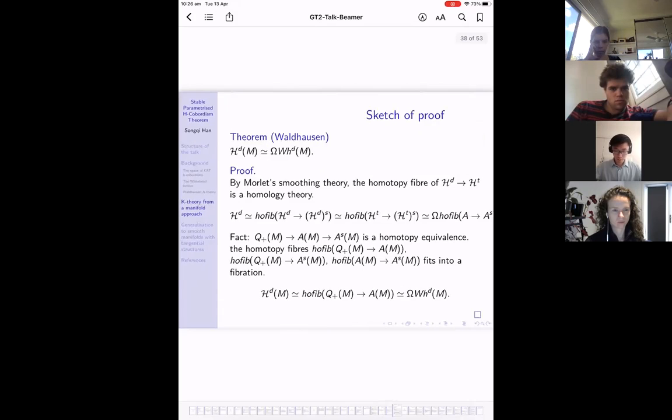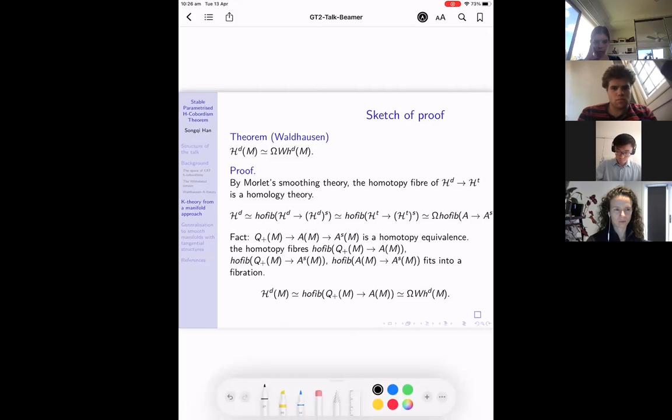And now we are prepared to sketch the proof of Waldhausen's stable parametrized h-cobordism theorem in the smooth case. By the fact on the previous slides, we know that HD is homotopy equivalent to the homotopy fiber of this natural map, because this term is contractible.